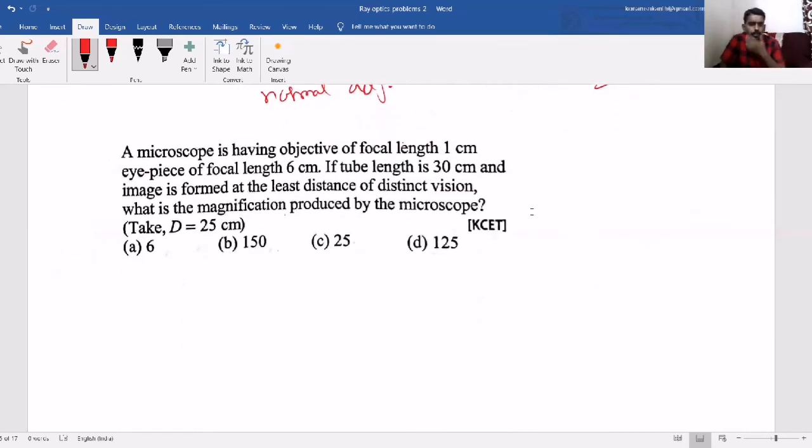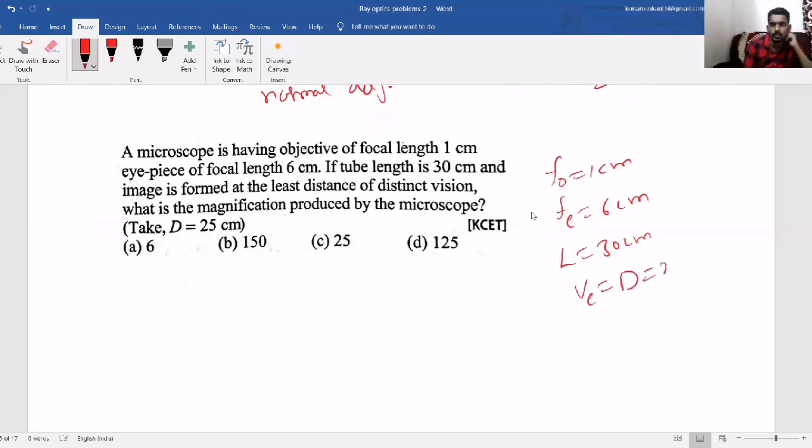Now a microscope has an objective focal length f naught of 1 centimeter, eyepiece fe is 6 centimeter, and the tube length L is 30 centimeter. The image is formed at the least distance of distinct vision, which means V equals D equals 25 centimeter.